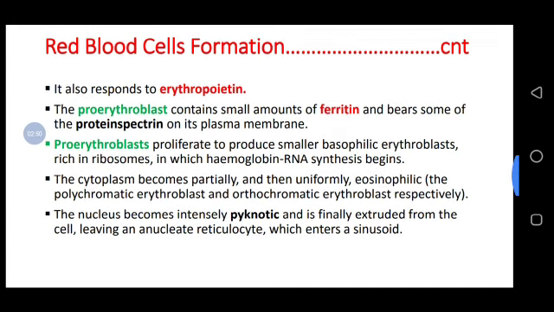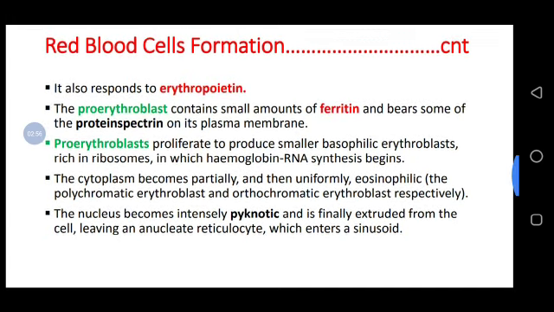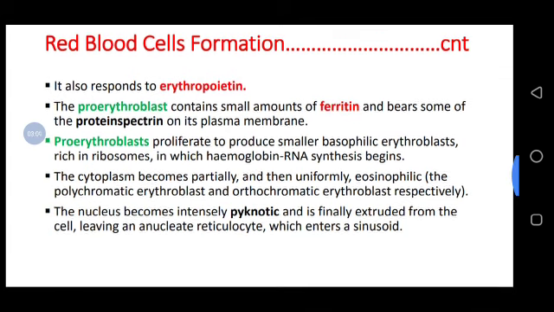What is its function? It regulates or accelerates the erythropoiesis process. So the pro-erythroblast contains a small amount of ferritin and bears some of the spectrin on its plasma membrane.